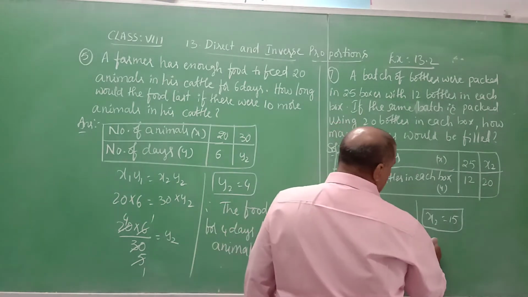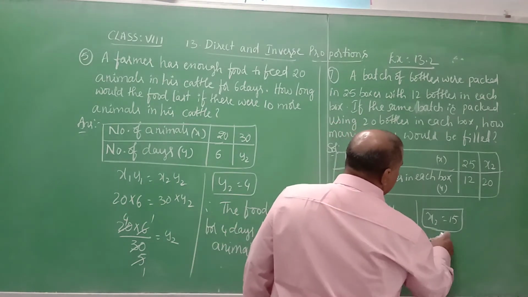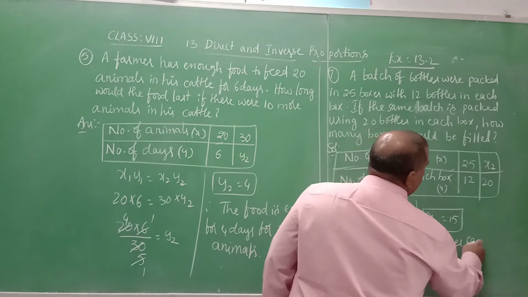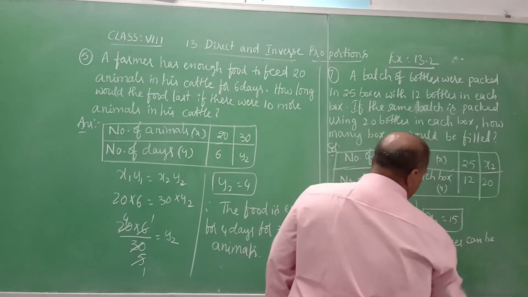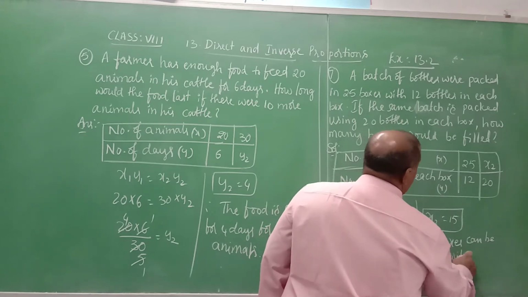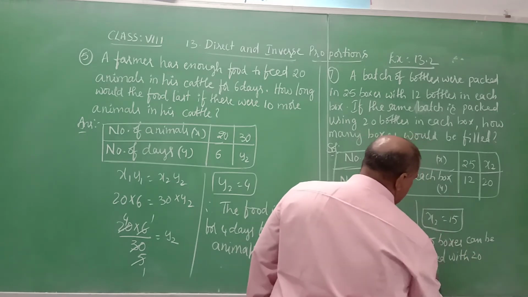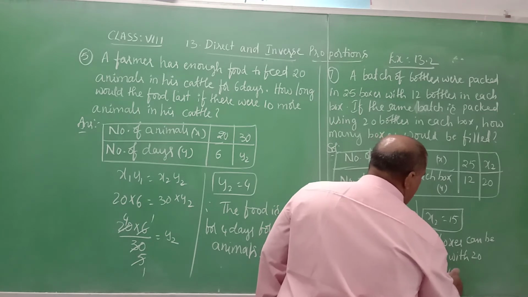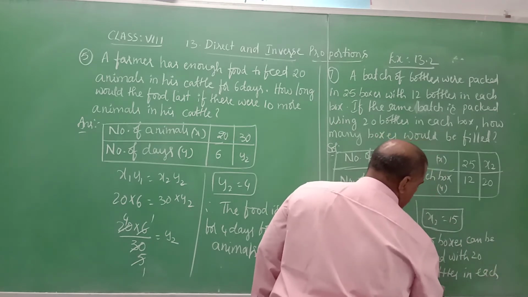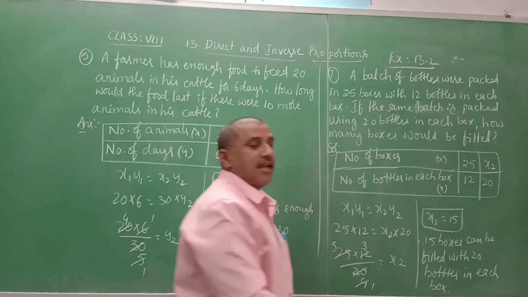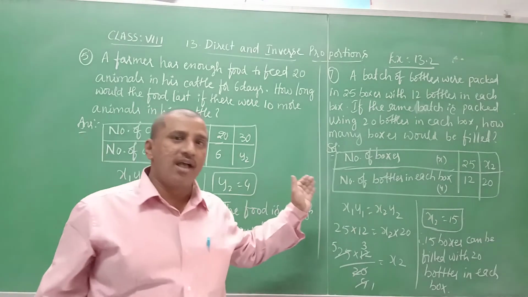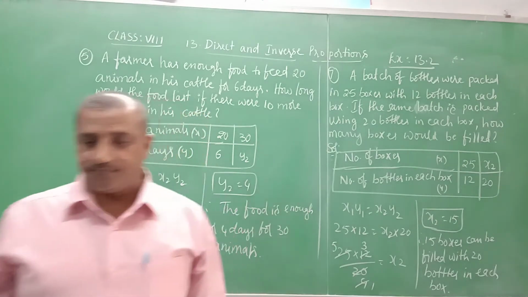Therefore, 15 boxes can be filled with 20 bottles in each box. Yes, both of these cases are examples of inverse proportion.